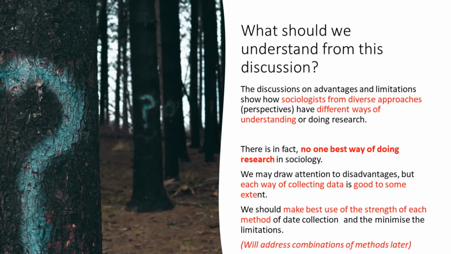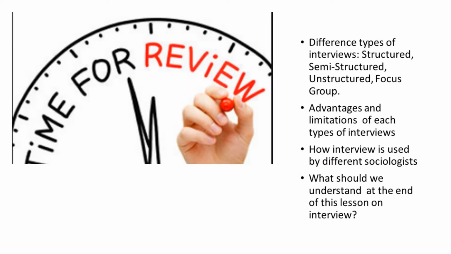We have many methods of data collection. We should make best use of the strength of each method and minimize the limitations. We can in fact make use of a combination of methods which we call triangulation, which we'll address in another lesson.